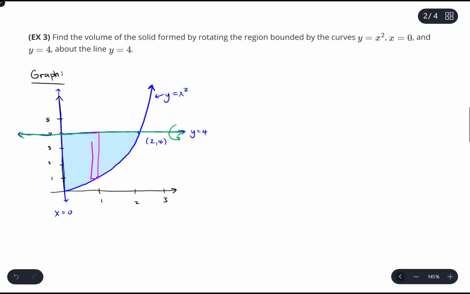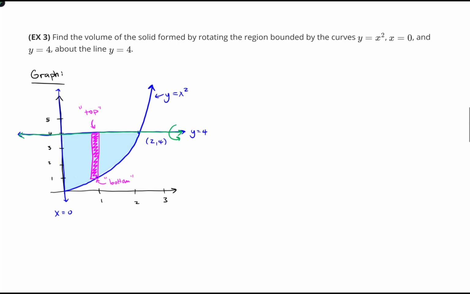Now I have a general rectangle here drawn in, and here's what's interesting. I can clearly see a top of the rectangle and a bottom of the rectangle. But when we set this up, we need to be really careful about this, because remember, this rectangle is really representing a radius. All right, and the radius needs to make sure it's always positive. We always want to have a radius as a positive value.